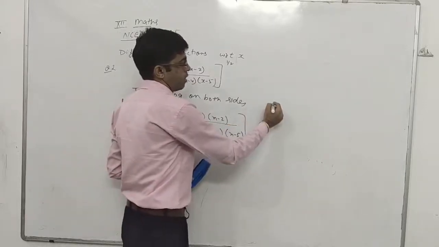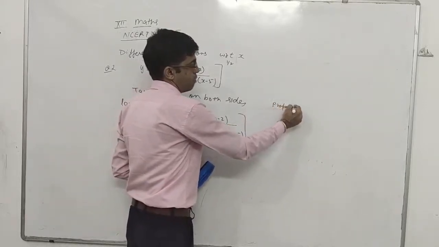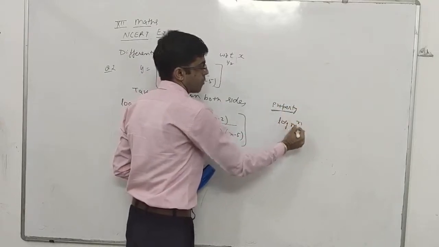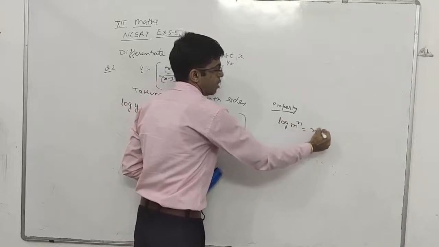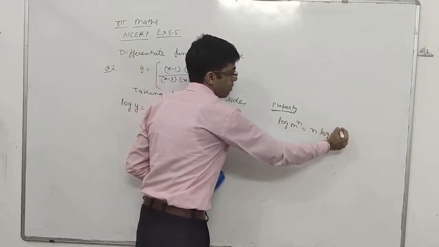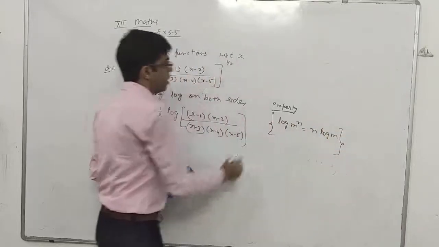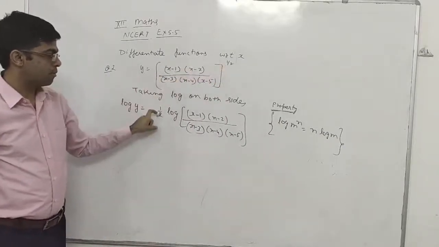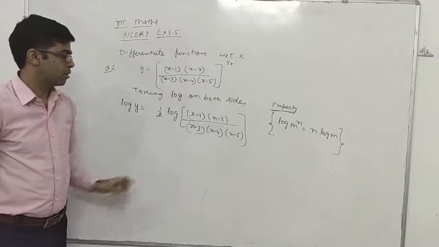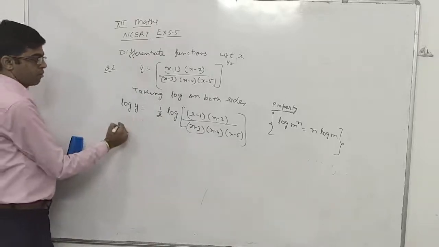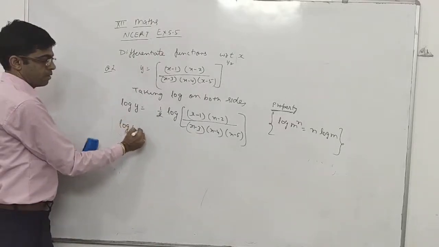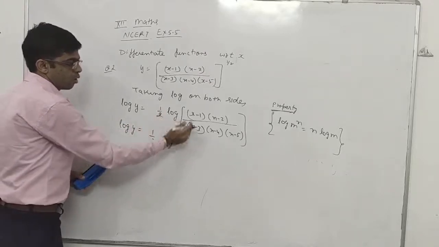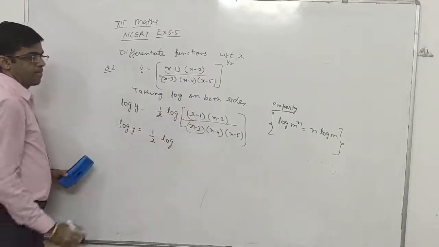Using the property log m raised to the power n is n log m, this power will come to this side. For more simplification, we can write this as half log of m upon n.